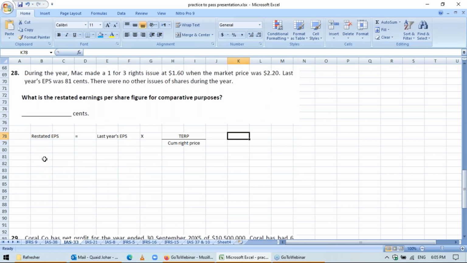Okay. So for the theoretical ex-right price, the right issue fraction was 1 for 3 right issue.